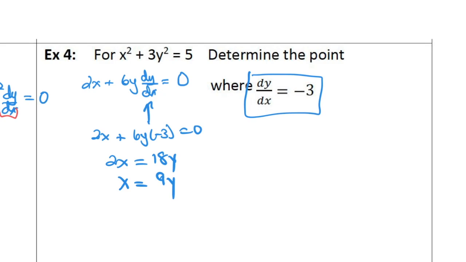We can do better. We're going to substitute now. If we go to our original equation and substitute 9y in for x, we're going to get 81y squared plus our 3y squared equals 5, which leads us to y squared equals 5 over 84.